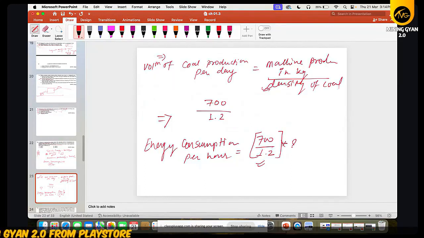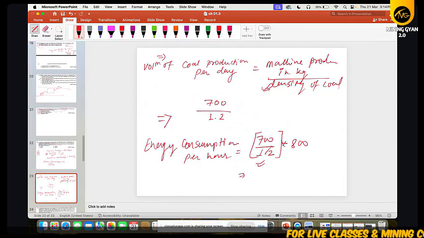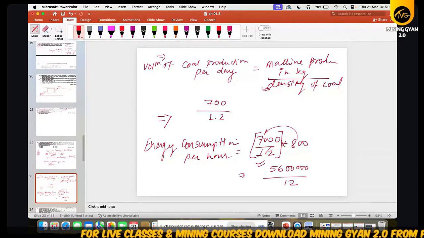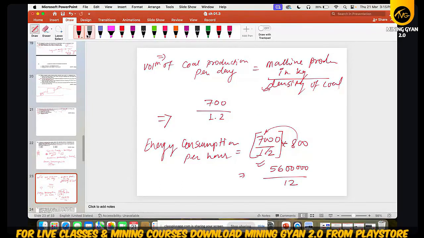So multiply with 800. Now you can calculate it easily. 56,00,000 by 12. If they told you this will be in the per hour, this will be the per hour.